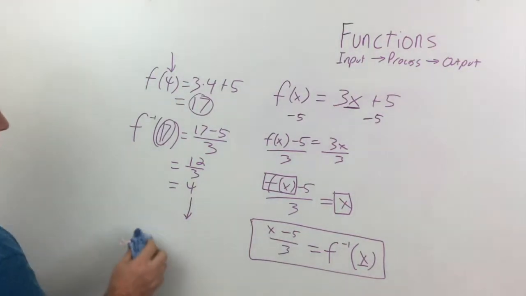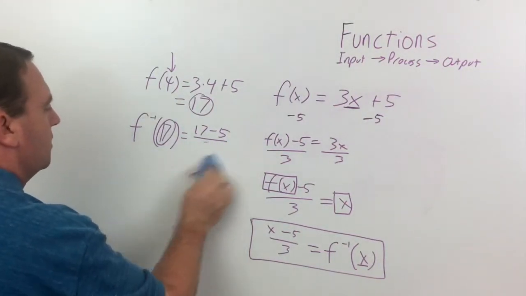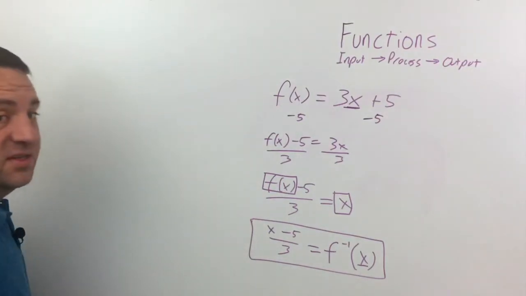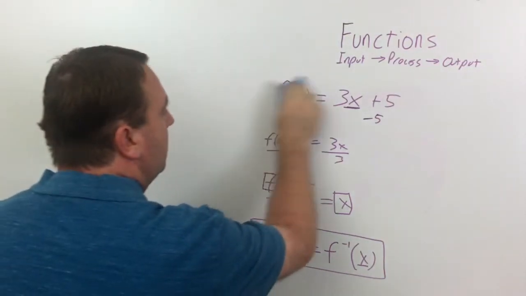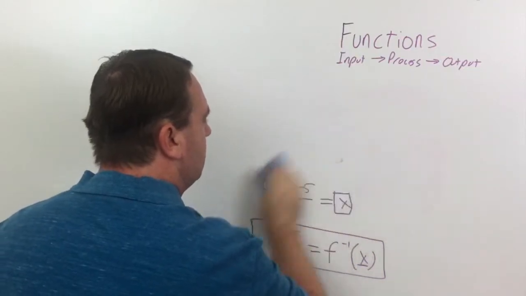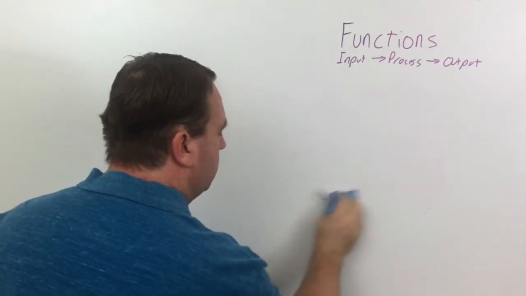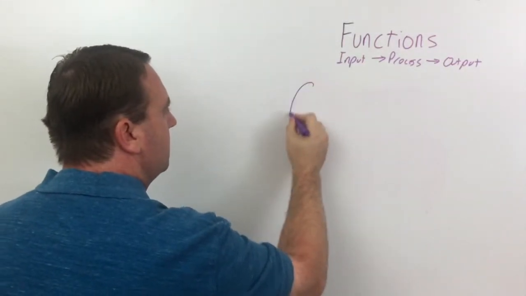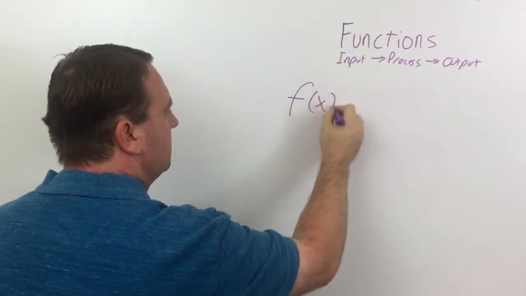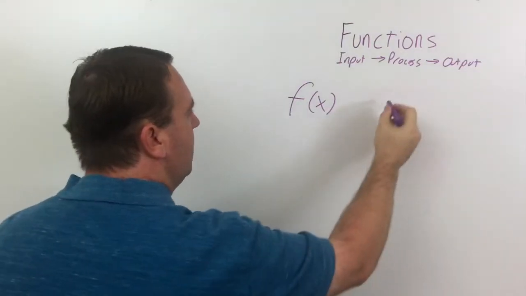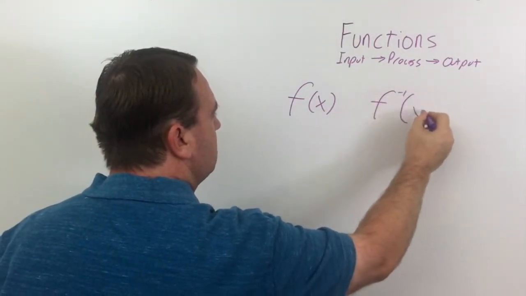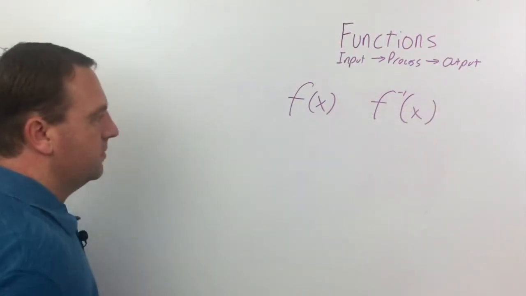Okay, and that's true for anything that we pump through this. And so this leads to something that's very simple, but very important. And that is, if we have a function f of x, and we have the inverse function, inverse of f of x, okay?